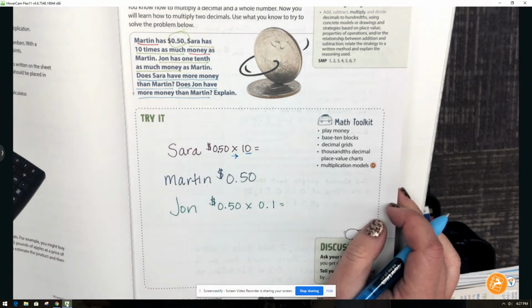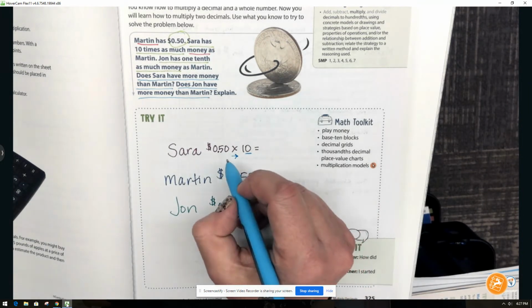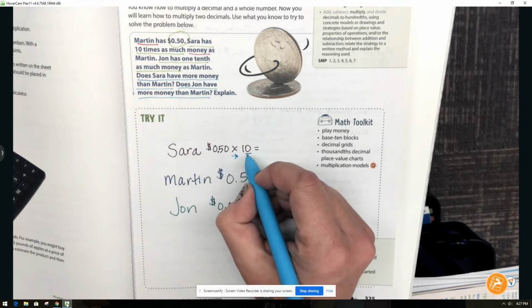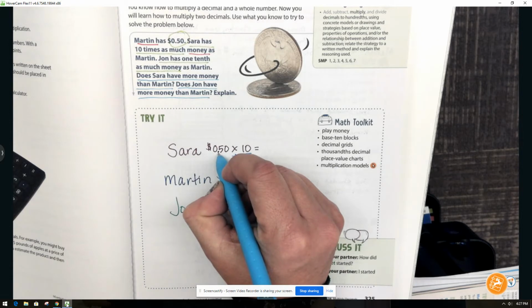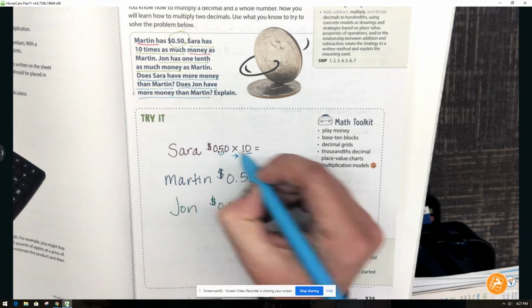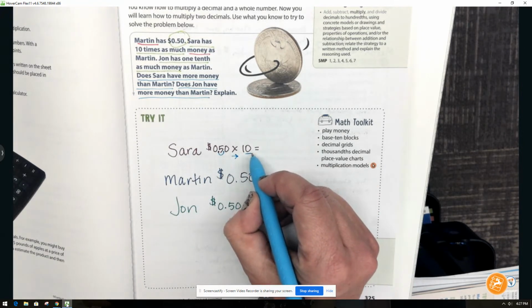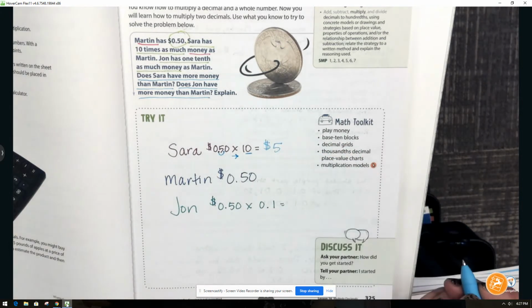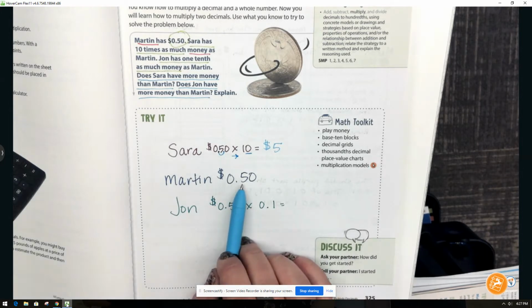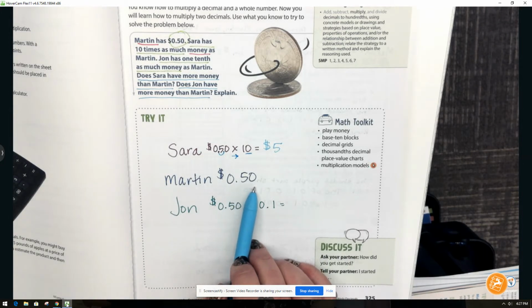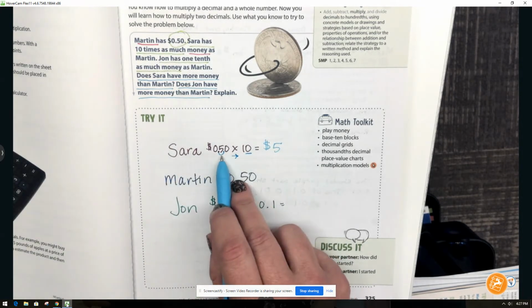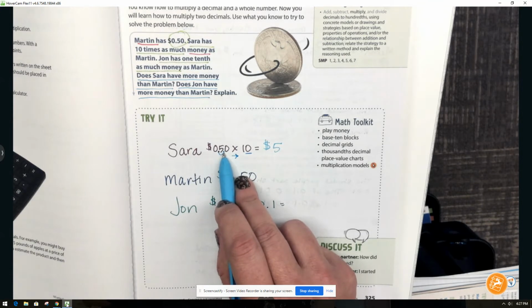This was the powers of 10 that we learned a few weeks back. So if we start with 50 cents and multiply it by 10, we take this decimal and move it one place to the right because there's 1 zero in 10. So we know that Sarah has $5. We also could have done 50 cents plus 50 cents 10 times, and we would have gotten up to $5.